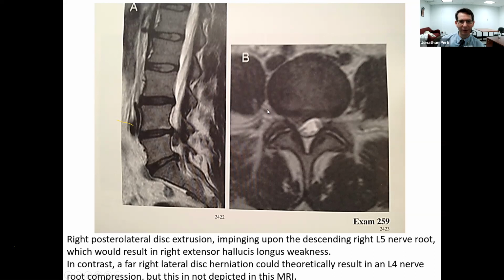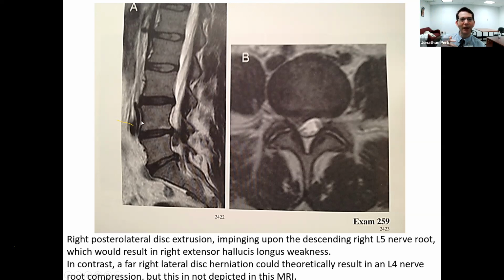It's not the far lateral. We said S1, L5, L4. So between L4 and L5, the corresponding root would have been L4, right? But because this is the more medial herniation, the L4 actually left, and this is impinging on the root below, which is the L5.